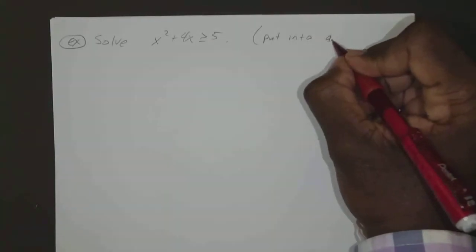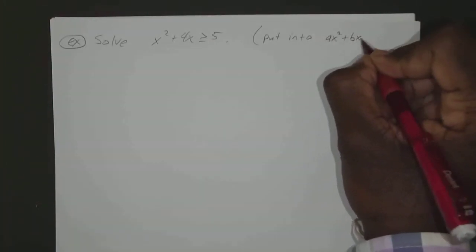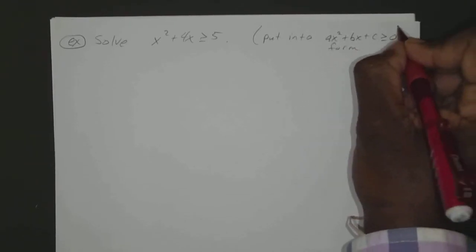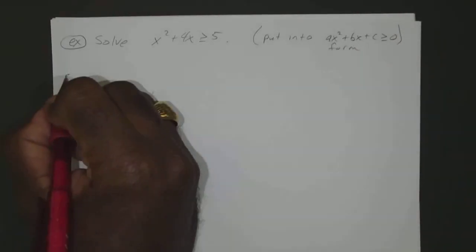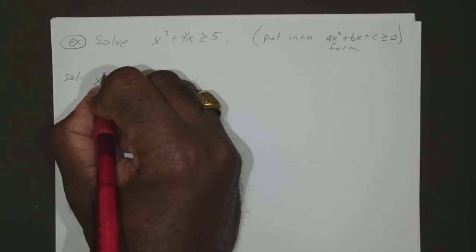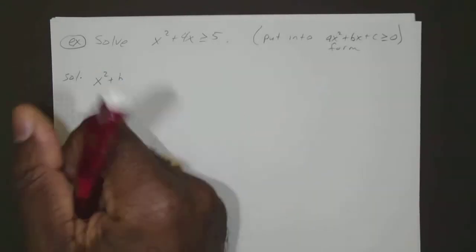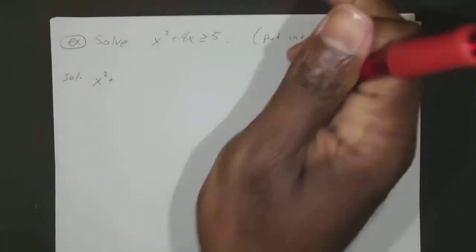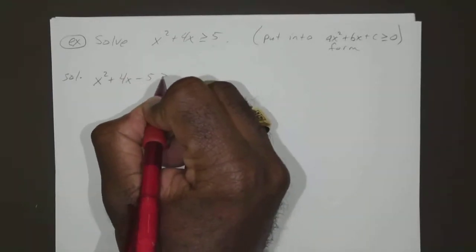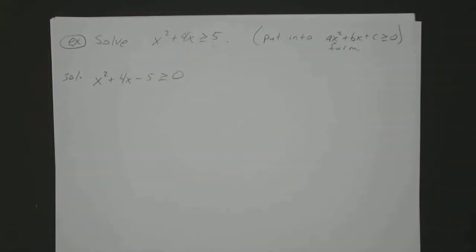Put it into ax squared plus bx plus c is greater than or equal to 0 form. Okay, so we're going to go ahead and rewrite it just by subtracting 5 from both sides. So we have x squared plus 4x minus 5 is greater than or equal to 0.